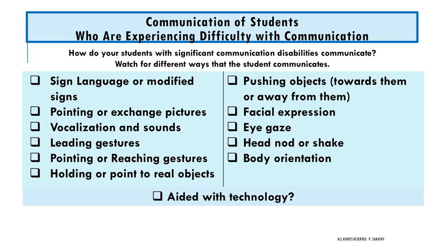How does the student communicate? Is the student using gestures? Is the student using pointing? Is the student holding the object that he or she wants to work with or play with? Is the student pushing the object away to indicate, I don't want this, I want this? Are they indicating it through their facial expression? Are they using eye gaze?